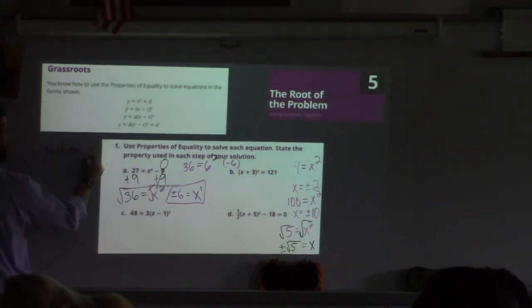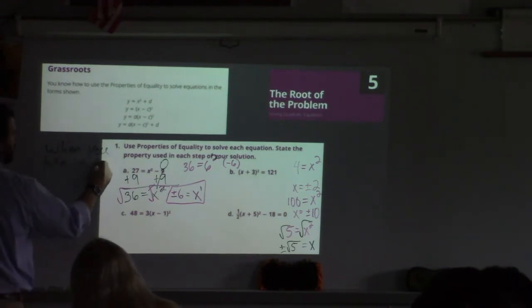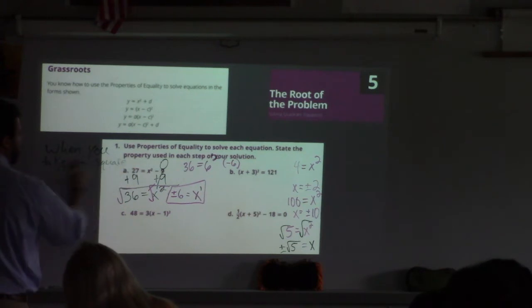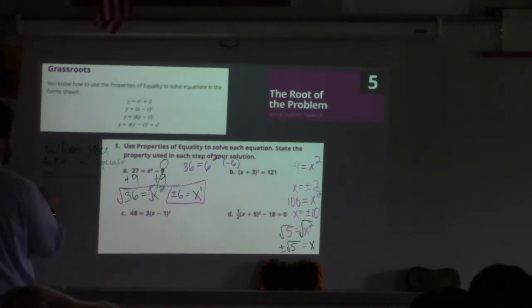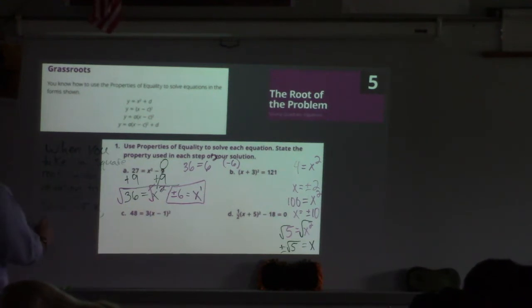So when you take a square root in an equation to solve for x, you get a positive and negative.